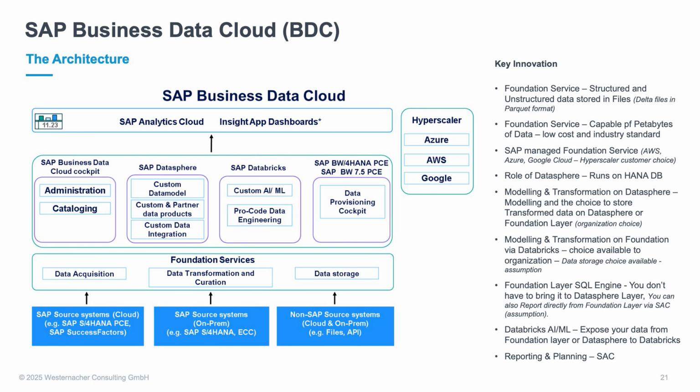Let's come back to the architecture a bit. In the foundation layer, we have the foundation services, and underneath we have the source system, and we have the Business Data Cloud bit. So it mirrors your business content from the BW world, S/4 world, or any other SAP data product.